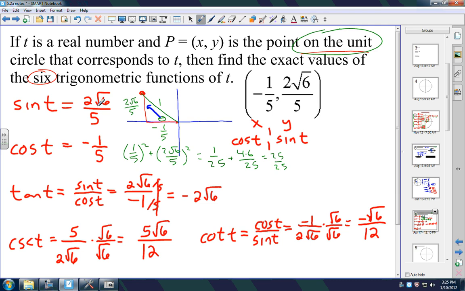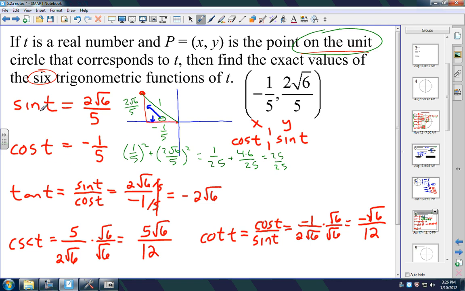The rest of them are on here. Take as much time as you need to look at those guys. Tangent, they did a sine over a cosine and actually took these values. You can go to the triangle and get those as well. So it can come from the triangle, it can come from other trig identities as well.